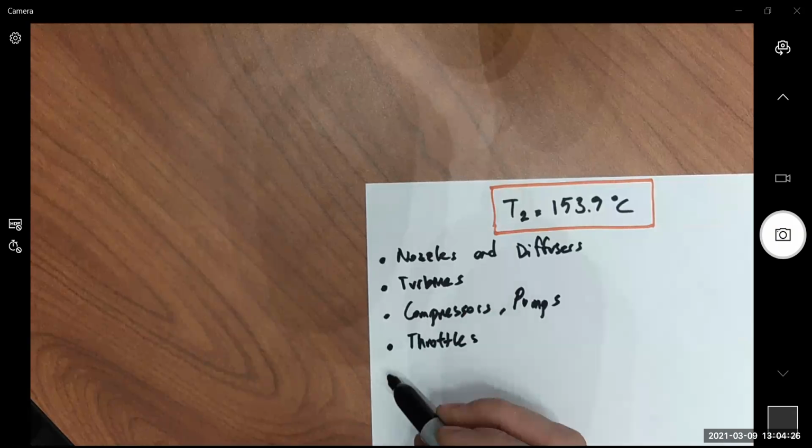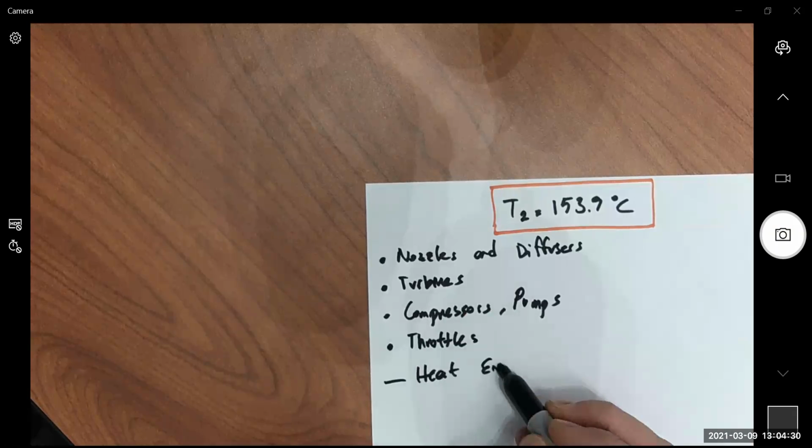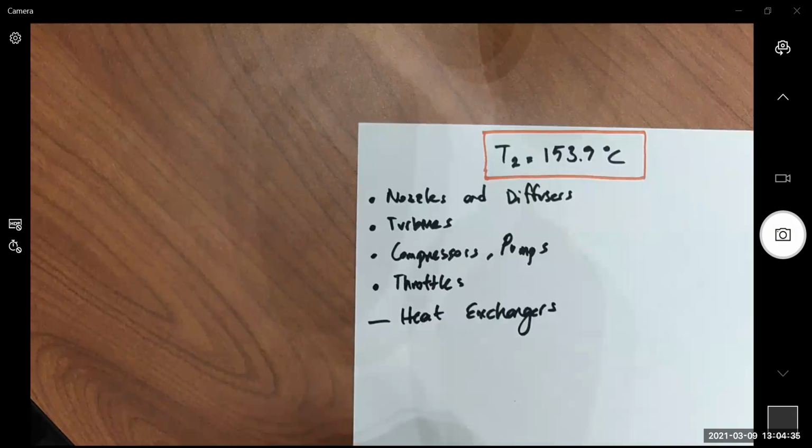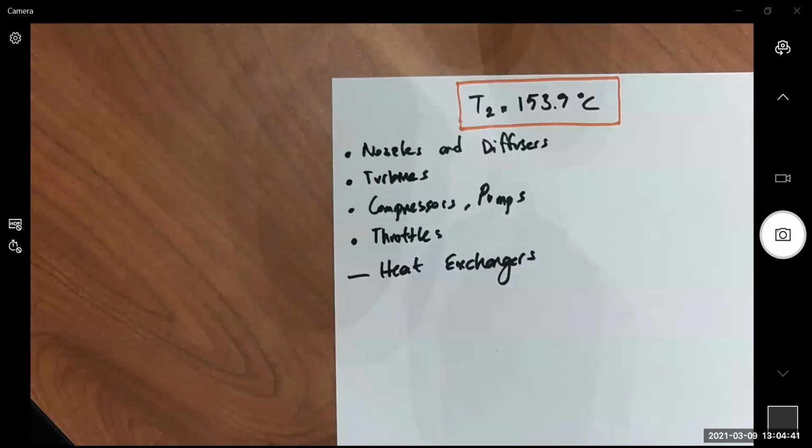Now, heat exchangers. We have two types of heat exchangers. One is the closed system heat exchanger, and the other is open.